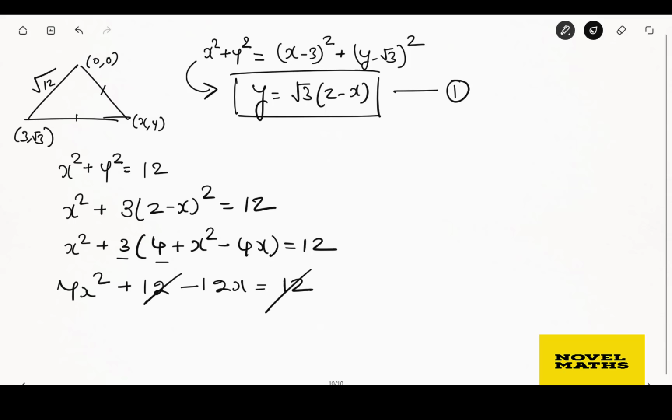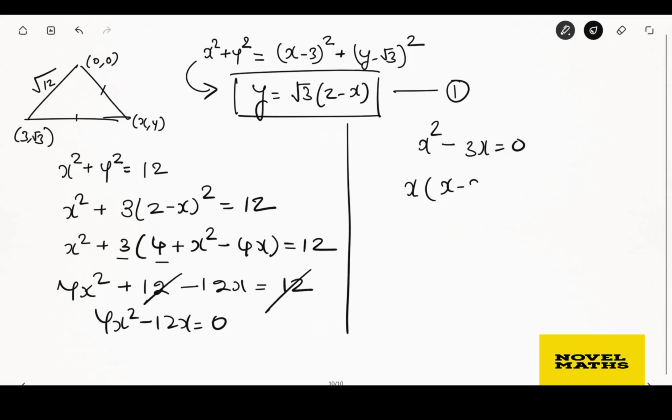Luckily these cancel out, so 4x square minus 12x is 0, or divide by 4, this becomes x square minus 3x is 0. Take x common, x minus 3 is 0, so either x is 0 or x is 3.